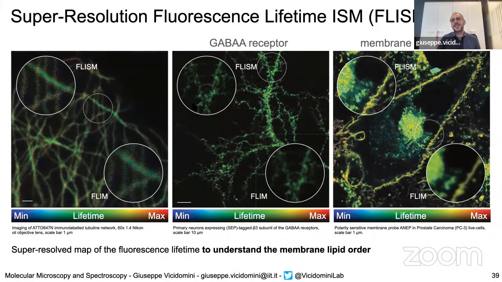For example, in this case, we use a polarity-sensitive probe to understand the order of the membrane. You can see here we have a shorter lifetime in the inner vesicle, which means a disordered lipid, while in the plasma membrane we have a long lifetime because the lipids are ordered. So again, structural and functional information come together with super resolution.